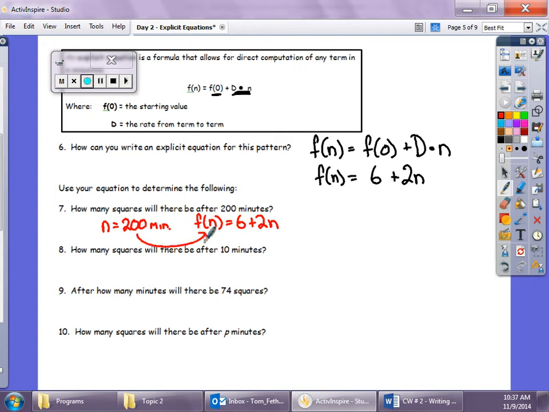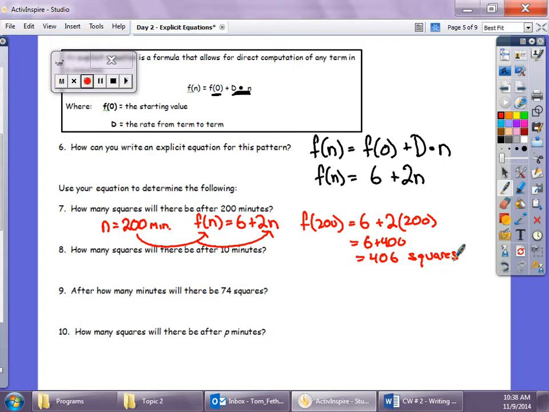So f of 200, at 200 minutes, is 6 plus 2 times 200, which will give us 6 plus 400, which equals 406. So there will be 406 squares at 200 minutes.